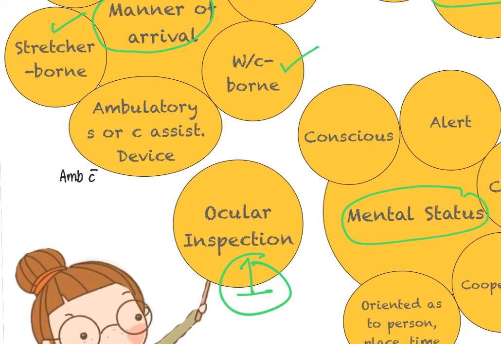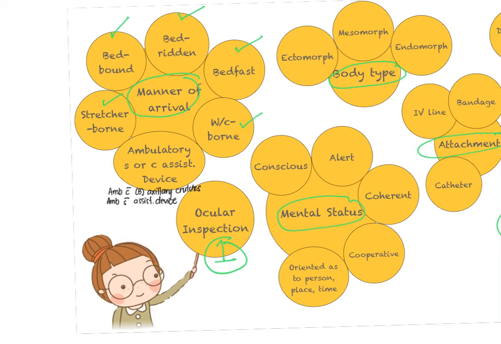Okay, you only need to specify what assistive device the patient is using. So it could be ambulatory with bilateral axillary crutches. Okay, if the patient is ambulatory without assistive device, then you may write ambulatory without assistive device. Okay?